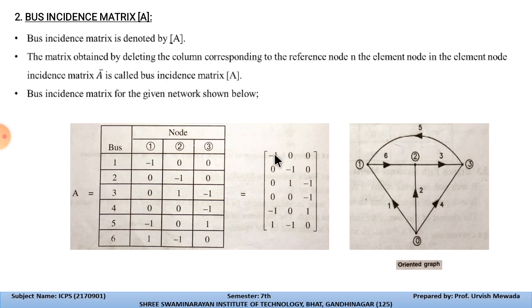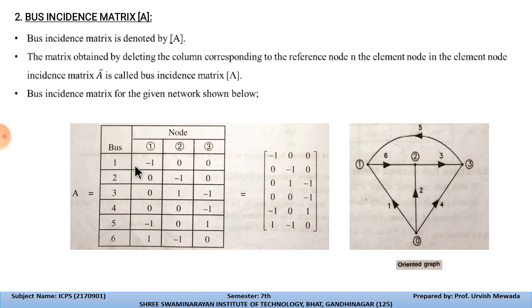So whenever the reference node is not considered, and the matrix is formed, then that matrix is called the bus incidence matrix.